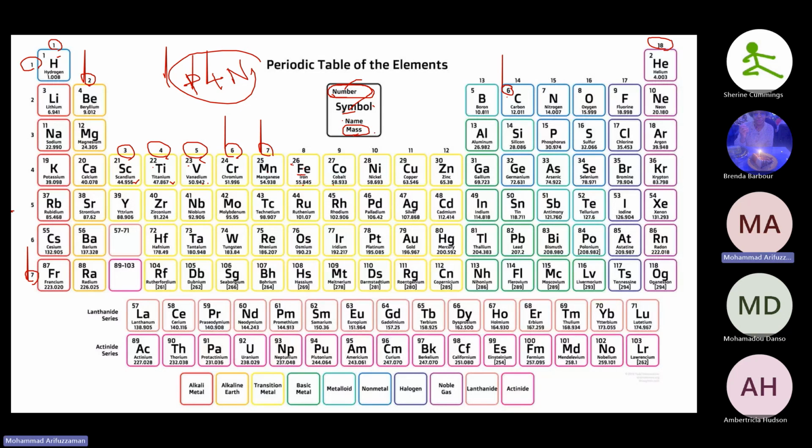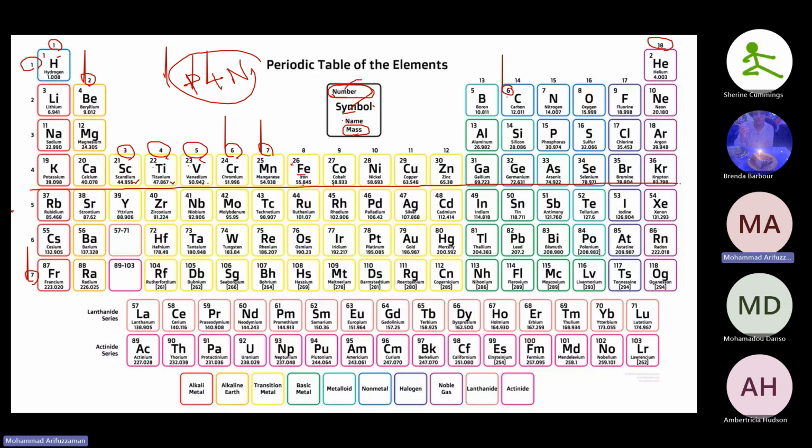Now, there is an obvious pattern to look for. The atomic number increases as you move right along a row. Let's pick a row, for example.